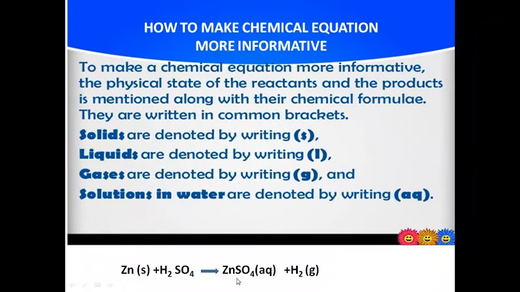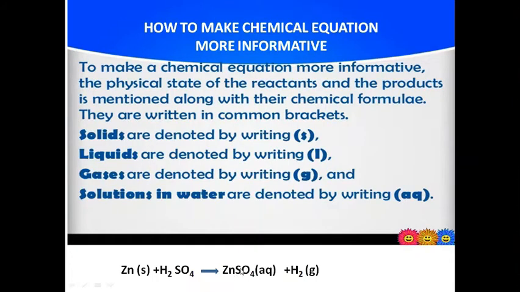For example, it is shown in this reaction. Zinc within bracket it is s, that means zinc is in solid state. It reacts with sulfuric acid. This is the formula of sulfuric acid. You can write l within brackets, or it is understood because acid is always in the liquid state.